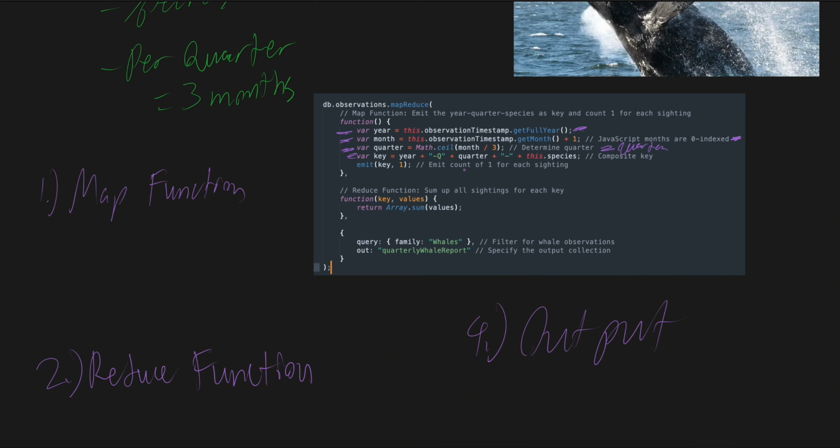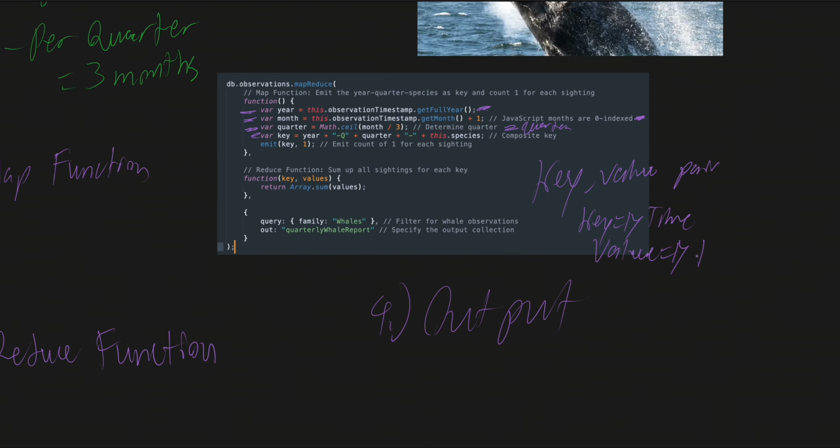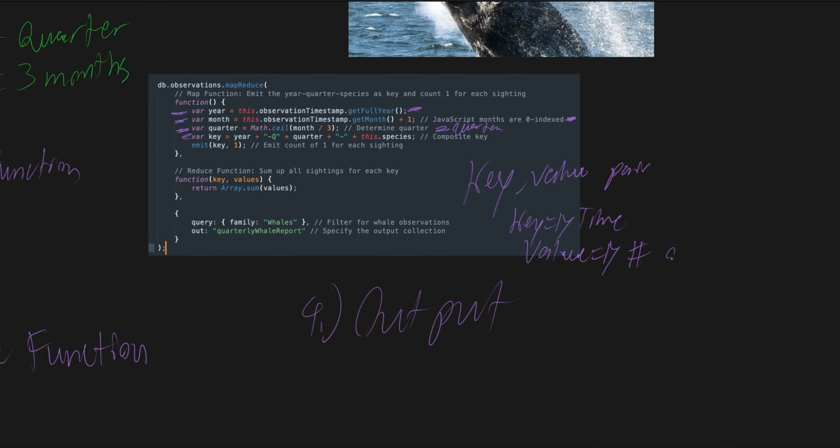Then this is our key, and MapReduce functions like this do a key value pair, where the key is pertaining to the time, and the value is the number of sightings.